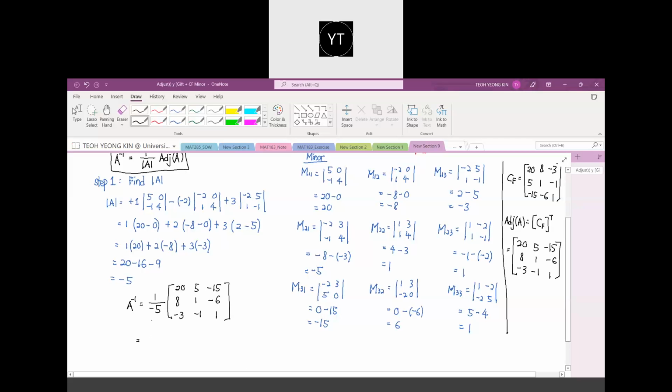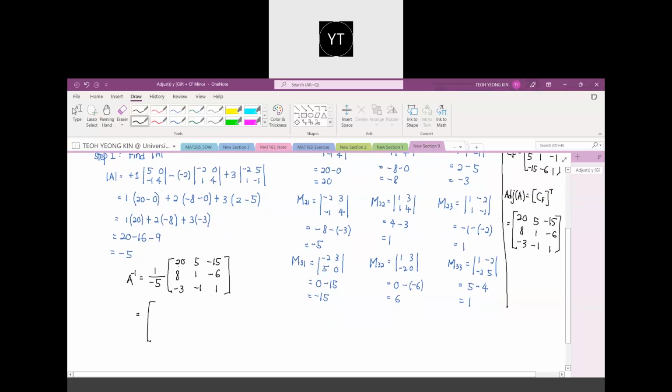So finally, we will have 20 times negative 1/5 is, you can use your calculator, 20 darab negatif 1/5, negatif 4. 5 times negative 1/5 is negative 1. Negative 15 times negative 1/5, so this is positive 3. 8 times negative 1/5, negative 8/5, cannot be simplified.